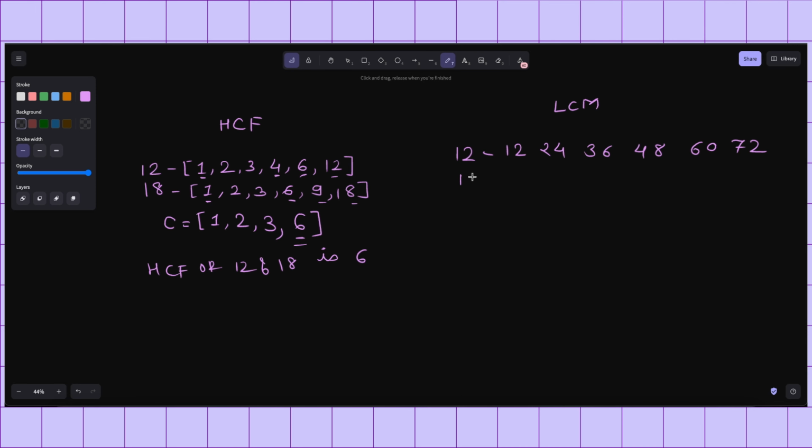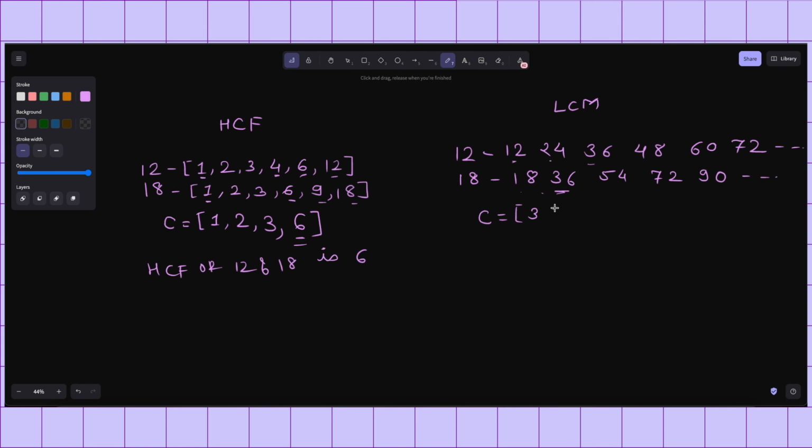Then we will write 18. So 18 2s are 36, 18 3s are 54, 18 4s are 72, 18 5s are 90, and the series will go on. Okay, now we need to find the lowest common multiple. So let's find common multiples first. 12 is not there, 24 is not there, 36 is there.